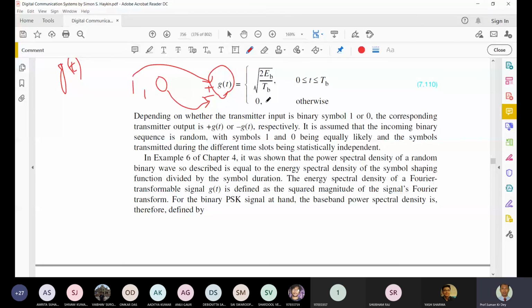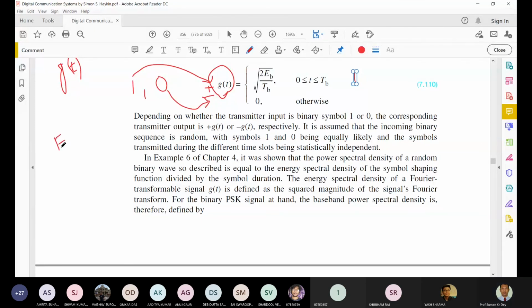What is the energy spectrum density? Energy is the integration of 0 to infinity g square t dt. So these terms imply that the energy spectrum density is the square of the Fourier transform of g(t).